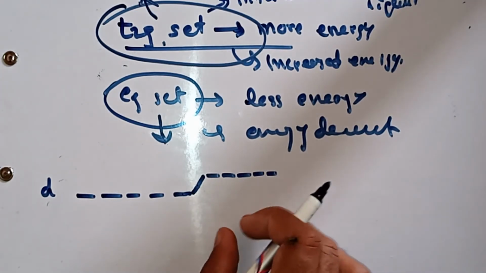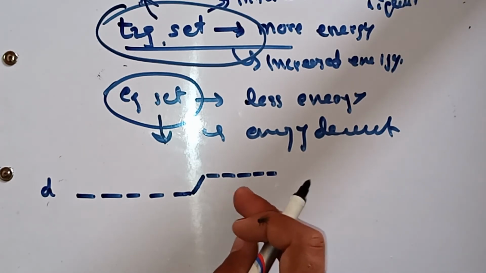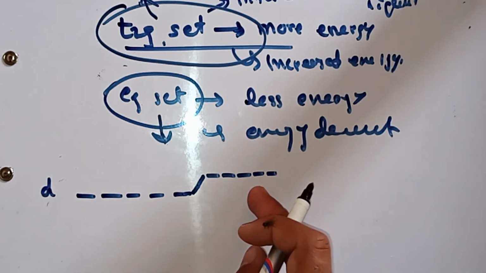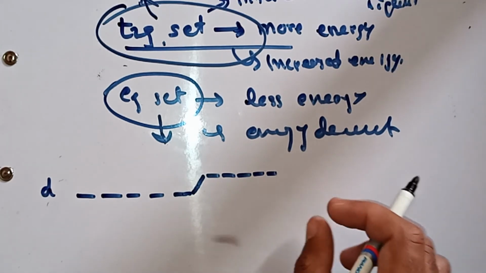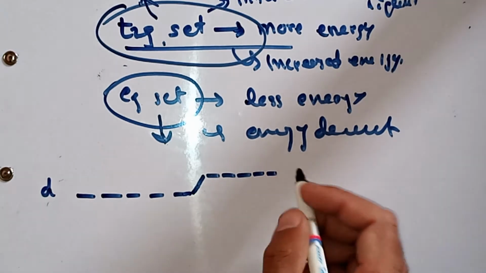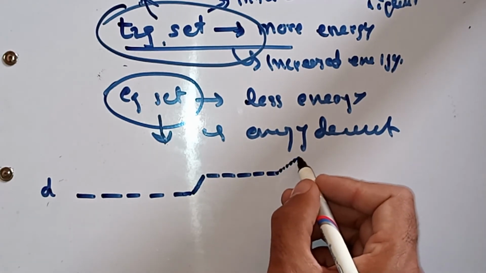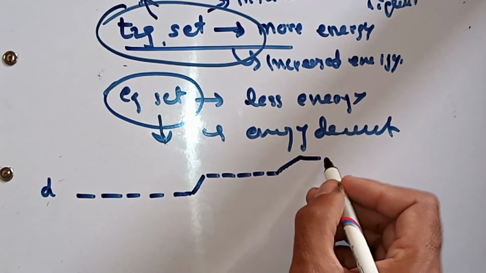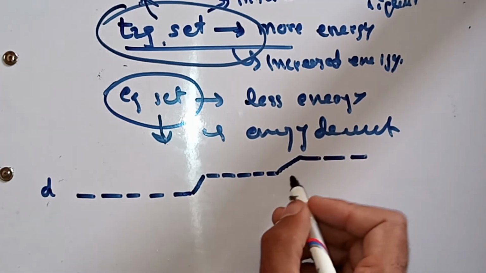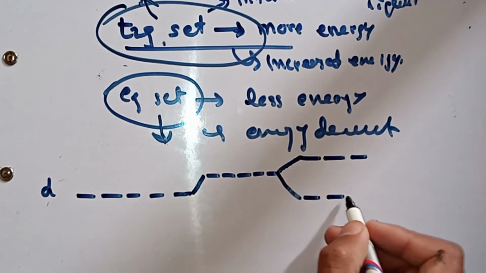When ligands are approaching the central atom, first of all, the energy of the system will be increased slightly, but when the ligands continue their approach to the central atom, finally the energy of T2g will increase slightly, while the energy of eg will decrease slightly.